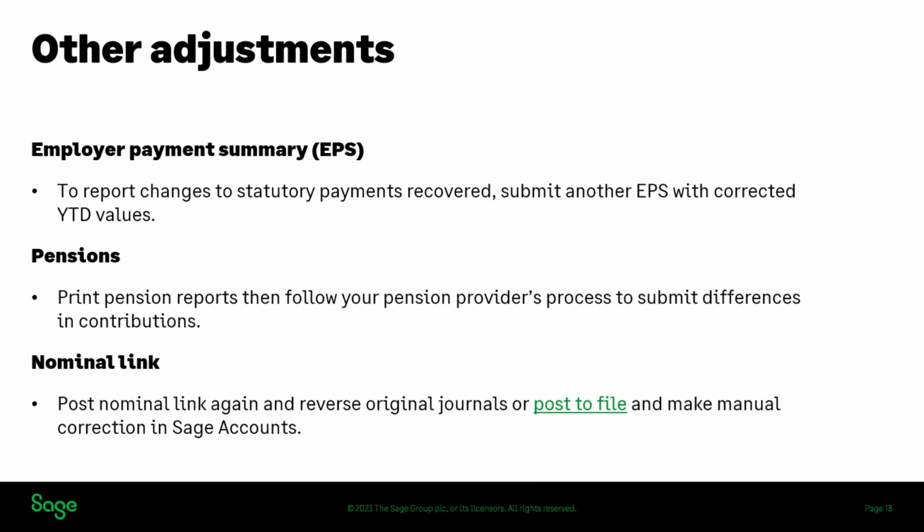You can either post it again, post the corrected values, and then reverse the original journals in accounts. Or you can set your nominal settings to post to file so that it doesn't actually go into your accounts, and make a manual correction in Sage Accounts. So just a little bit of guidance there on nominal link corrections.